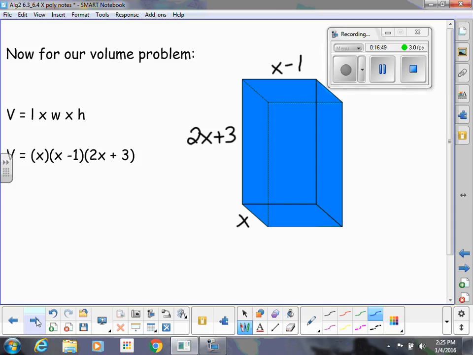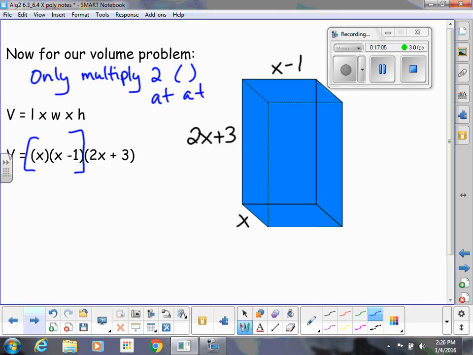Well, we're going to do the same thing here. I'm only going to do 2 of these parentheses at a time. So it might take you a little bit longer, but it won't be too bad.